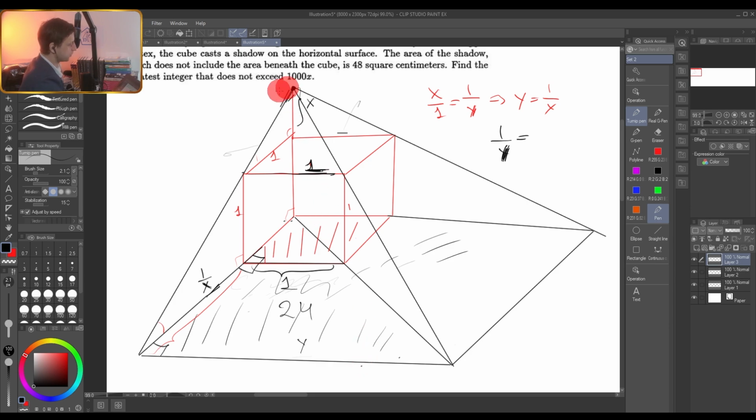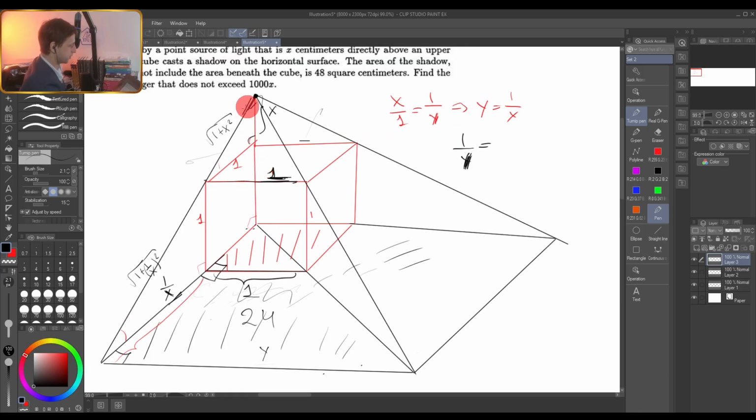Ideally, we would like to write that it is equal to this side divided by this side. At the moment we have no idea what this one is, but from this right triangle here, we have that this one is 1 plus x squared. It's very simple to get from the Pythagorean theorem. From this right triangle, this side is 1 plus 1 over x, again squared. So let's write now that this one is 1 plus x squared divided by this side in total.